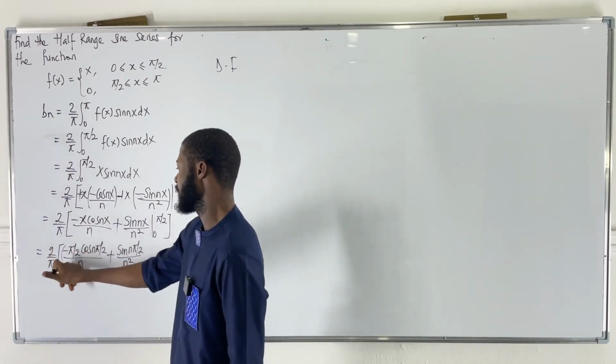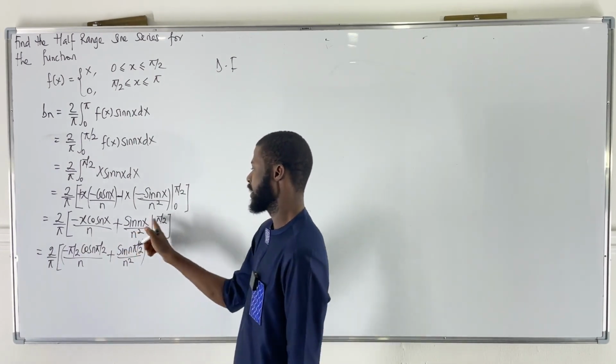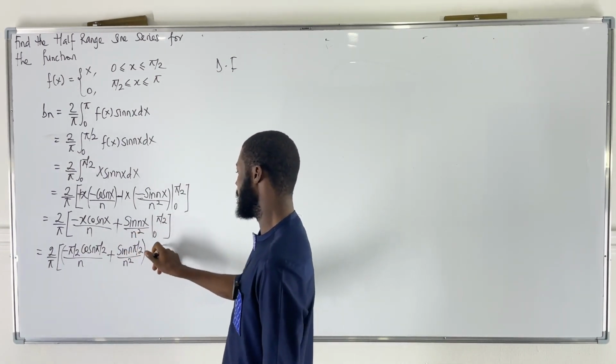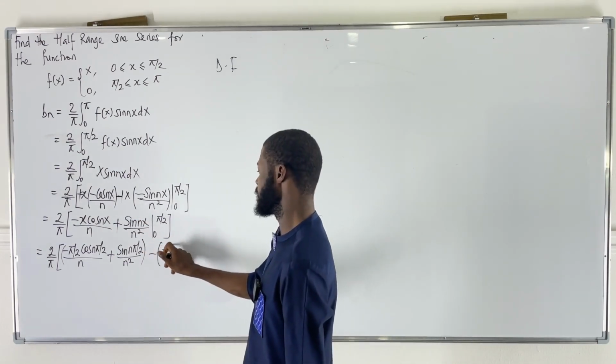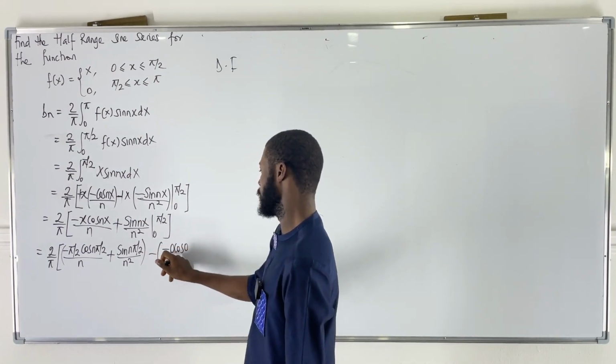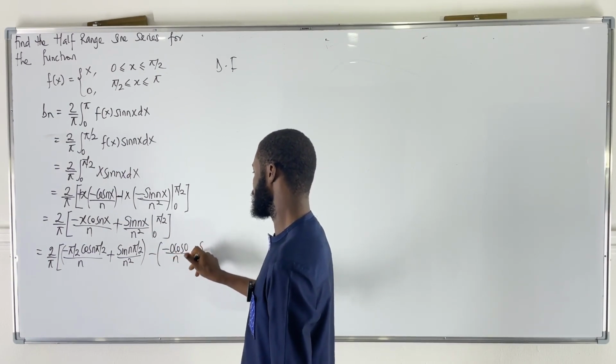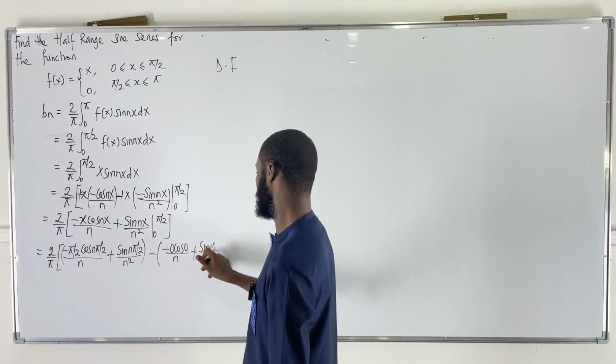This is the upper limit, when you put x as pi over 2. And then minus, we're going to put it as 0. So this will be minus 0 cos 0 over n plus sine 0 over n squared.